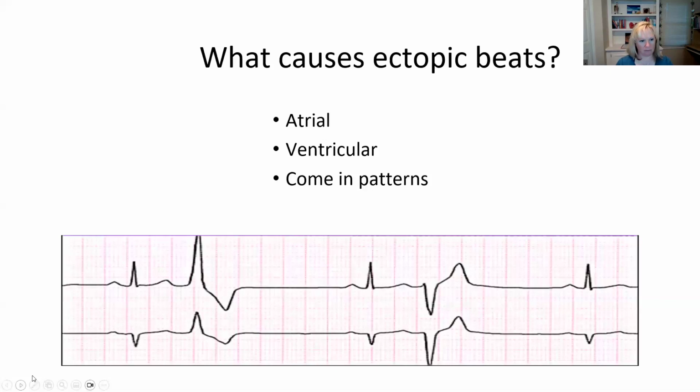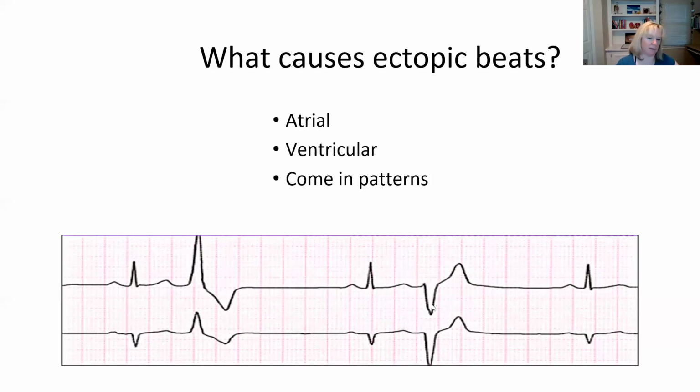Okay. Now, there's also extra beats that can come. And extra beats, we have a couple different flavors. These are called PVCs, right? We know that because they're wide. The P stands for premature ventricular contractions, okay? So they are wide and they are different morphologies.